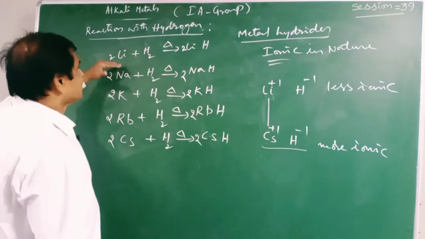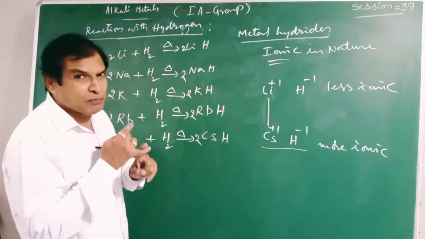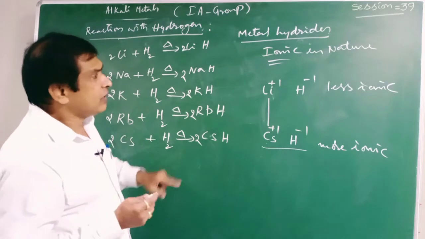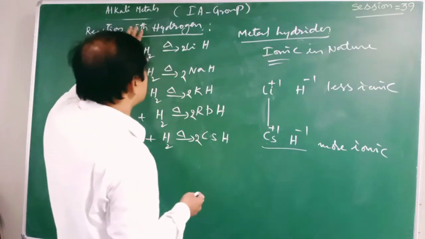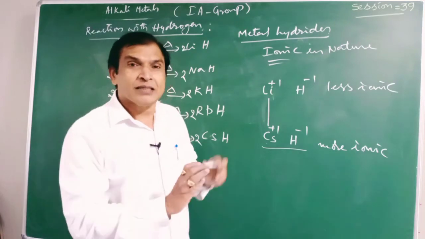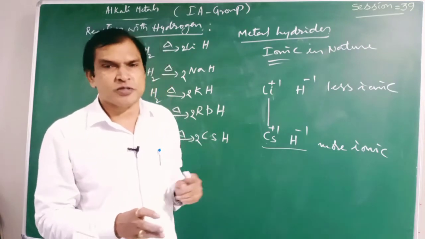The reaction of alkali metals towards water is completed, and the reaction towards hydrogen is completed. Reaction of alkali metals with oxygen is done: they form oxides, peroxides and superoxides.